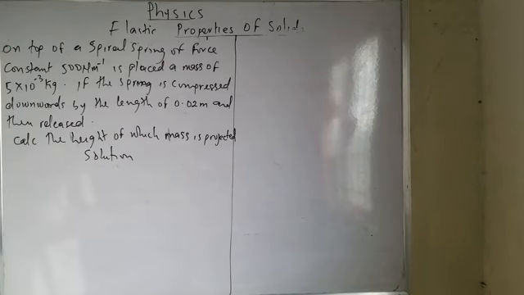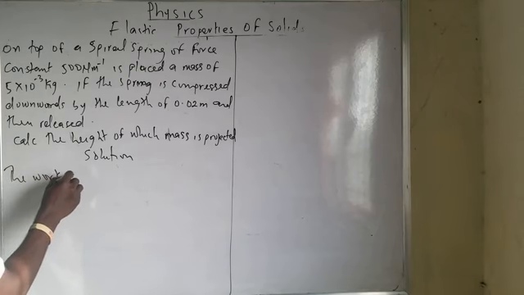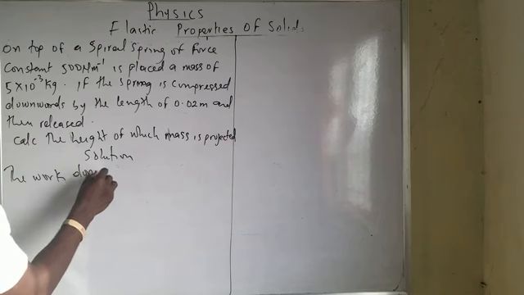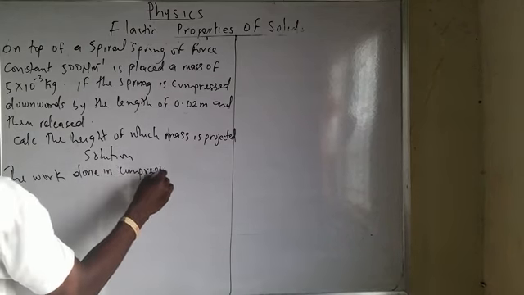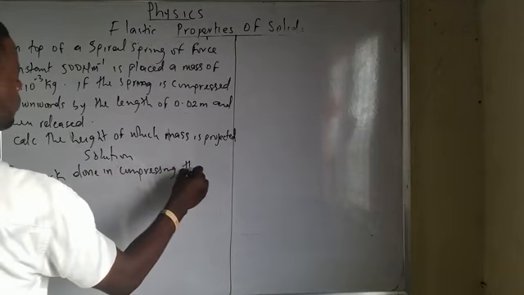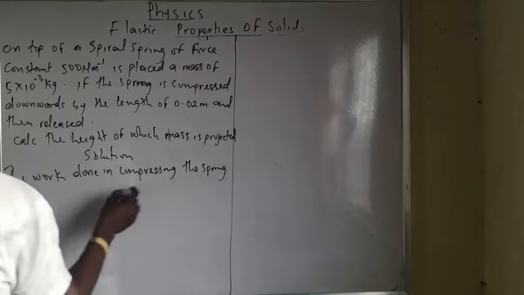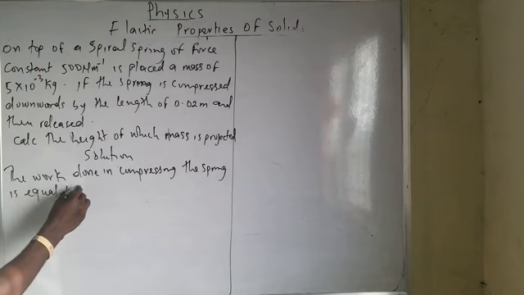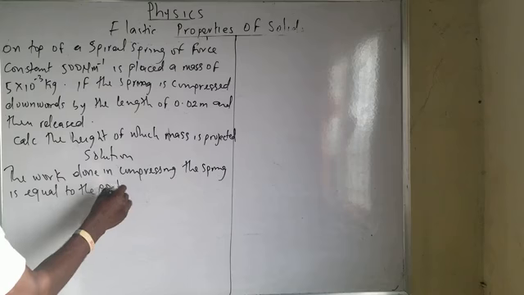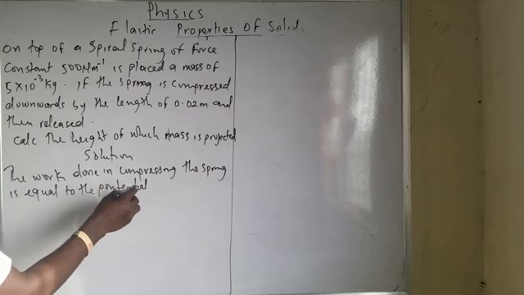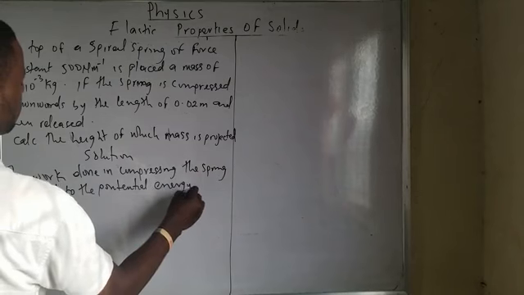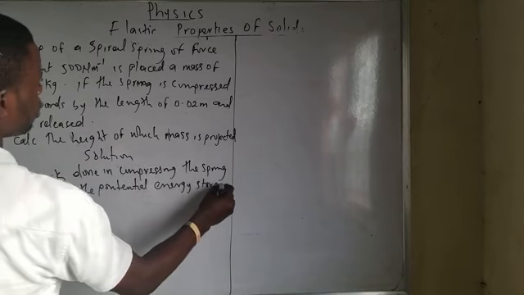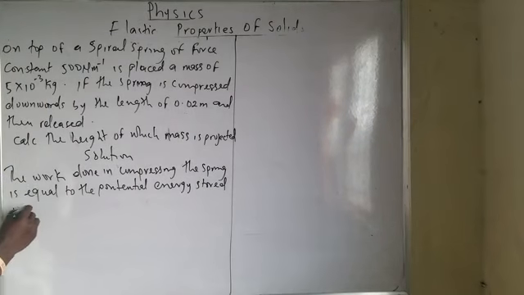Now, one thing we know there is that we have to be talking about the work done in compressing the spring, which is equal to the potential energy stored in the spring.